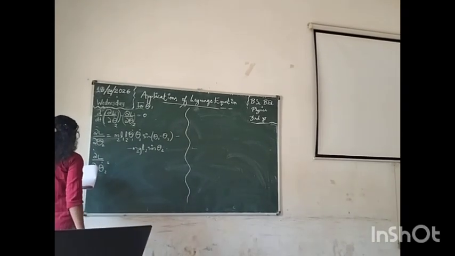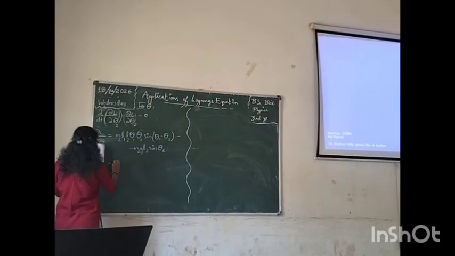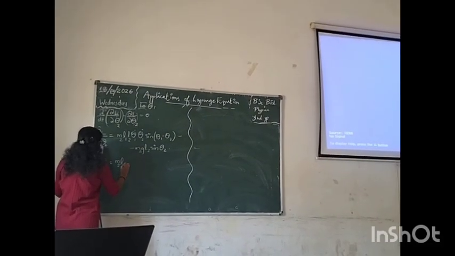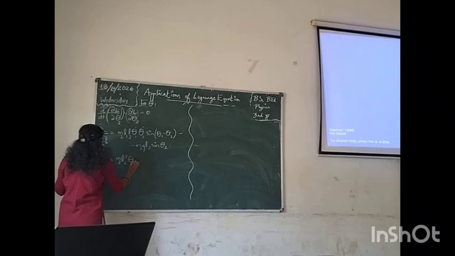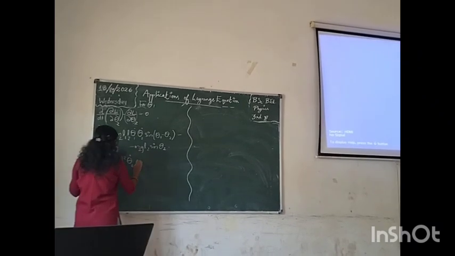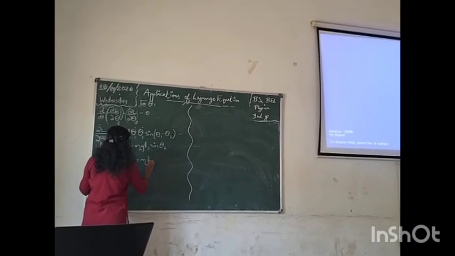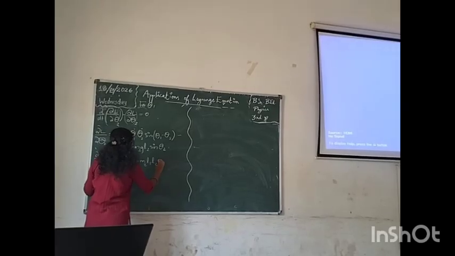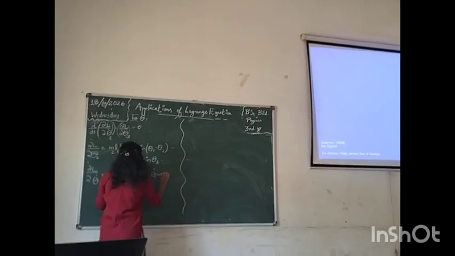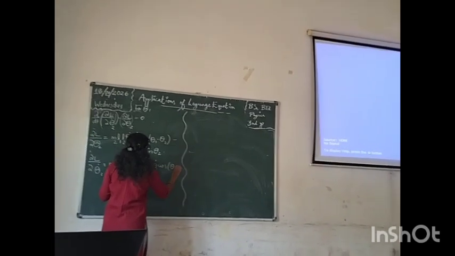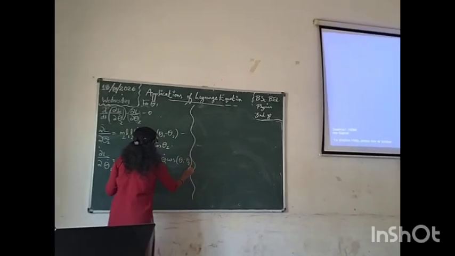It will be in the form of m2 L2 square theta 2 dot plus m2 L1 L2 theta 1 dot cos theta 1 minus theta 2.